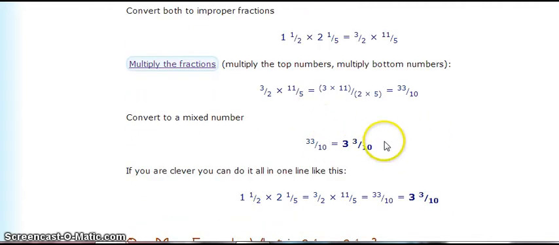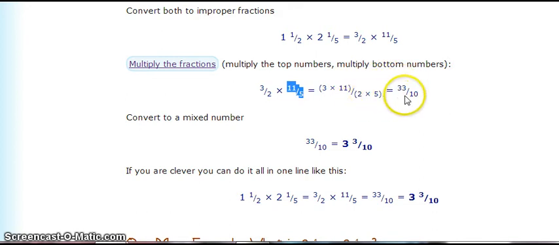This just shows you step by step what I just explained. 1 1/2 turns into 3/2 as an improper fraction. 2 1/5 turns into 11/5 as an improper fraction because you multiply 5 times 2 and then you add 1. And then when you do numerator times numerator, you get 3 times 11, which gives you 33.